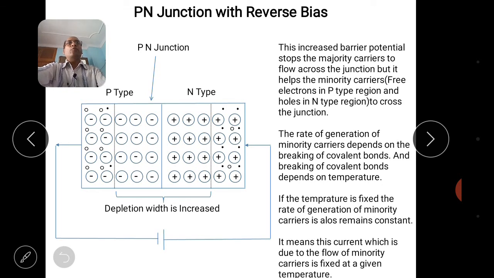This increased barrier potential stops the majority carriers from flowing across the junction, but it helps the minority carriers, meaning free electrons in the p-type region and holes in the n-type region, to cross the junction.